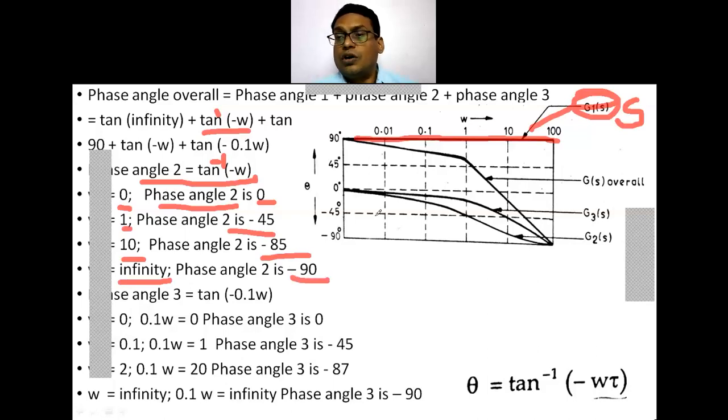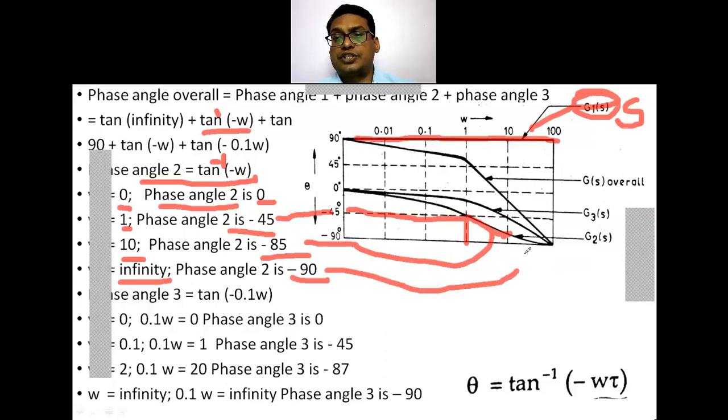So for omega equal to 1, the phase angle is minus 45 on this line. Then for the value 10, the phase angle is minus 85, and then it goes towards infinity.